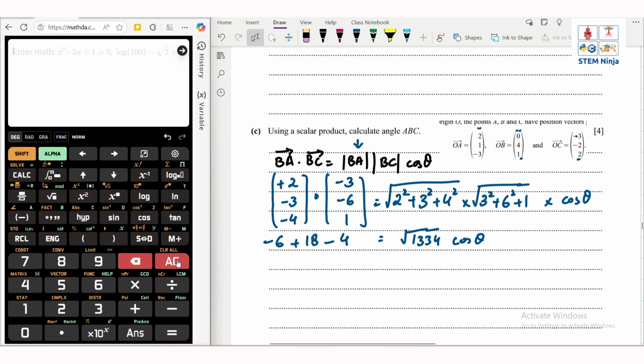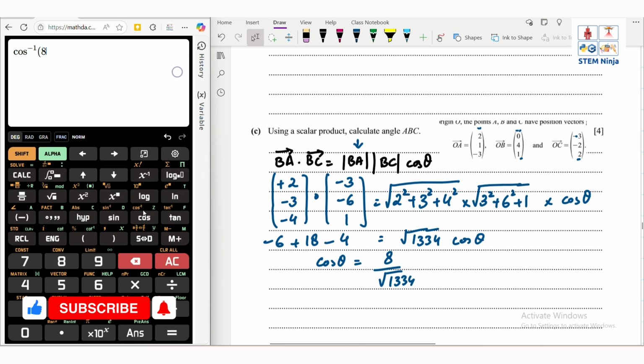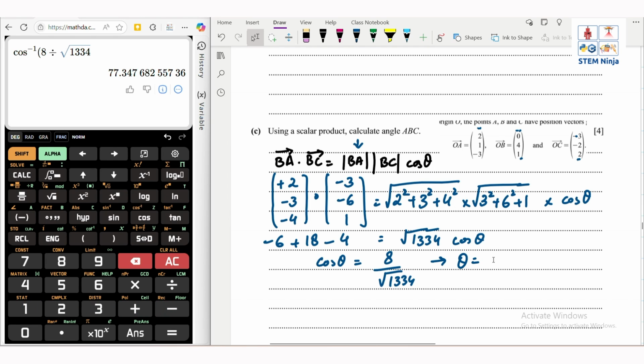So 18 minus 10 is 8 basically. So cos theta is 8 over root 1334. So theta is cos inverse of 8 divided by square root of 1334, which is 77.3 degrees.